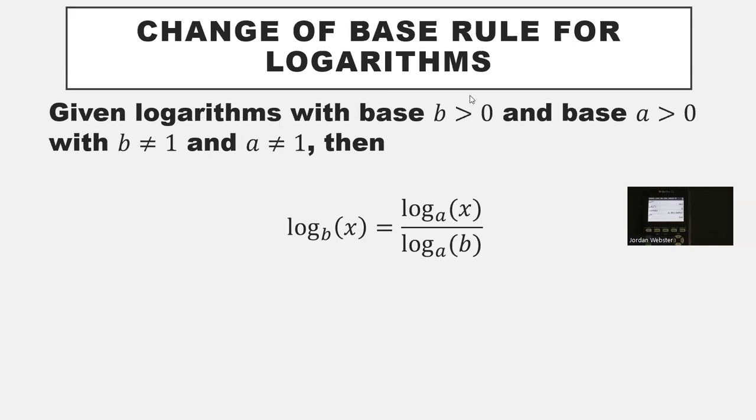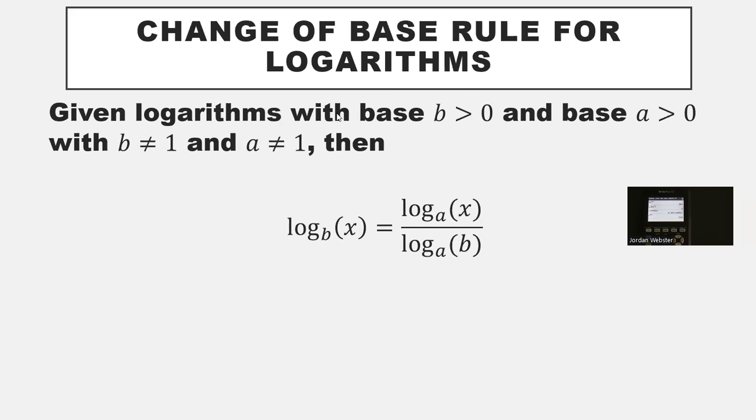Now, the natural question arises, what if we don't have base 10 or base e? There's a couple of approaches I can take to finding a log of a different base other than 10 or e. One of them is to use the change of base rule for logarithms.